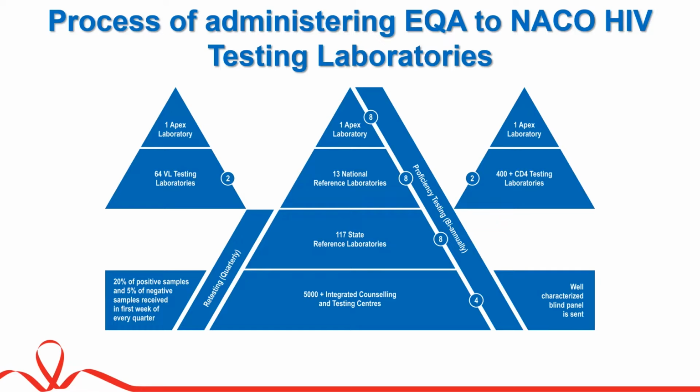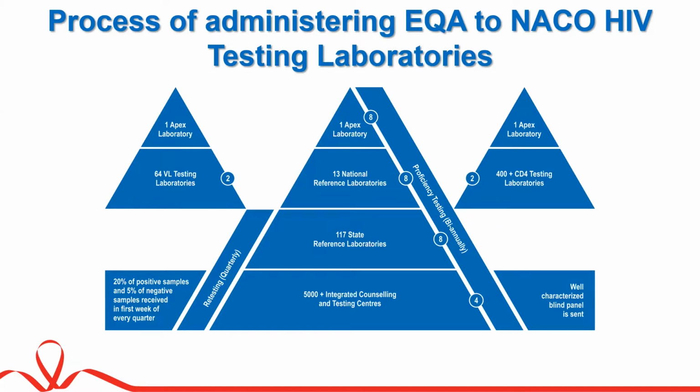Once the NRLs pass with satisfactory results, they prepare the panel to dispatch to their respective state reference laboratories, and the state reference laboratories test these samples and report to the national reference laboratories. Then the state reference laboratories prepare the panel for the ICTCs and send it to them as well.